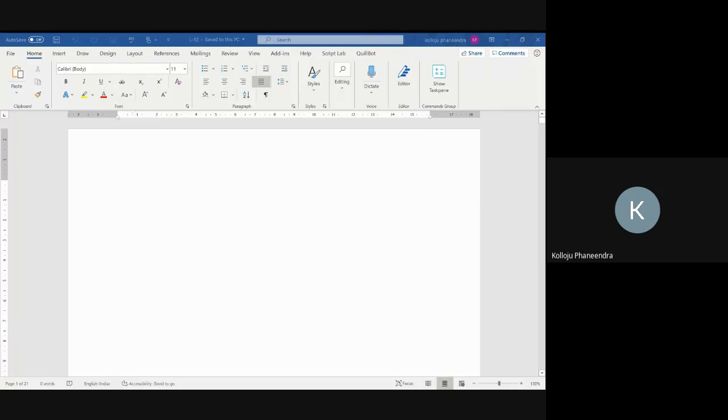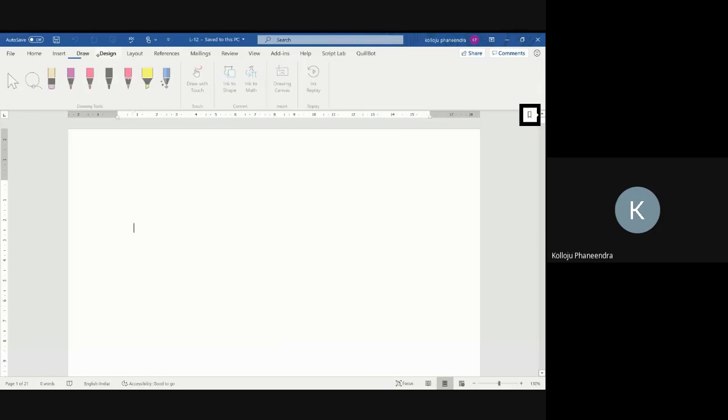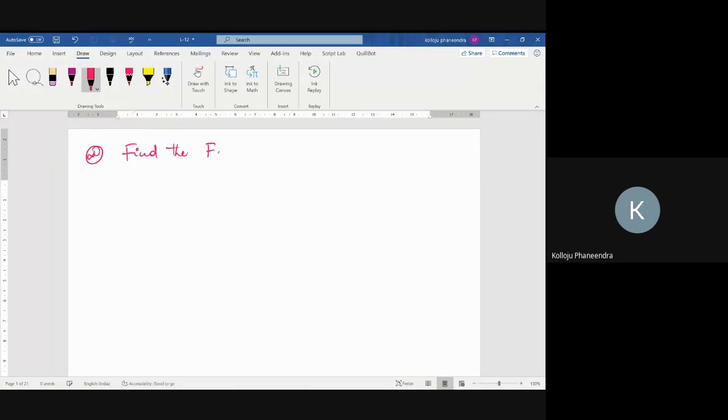Next problem. Find the Fourier series of f of x equal to square root of 1 minus cos x in the interval 0 to 2 pi.